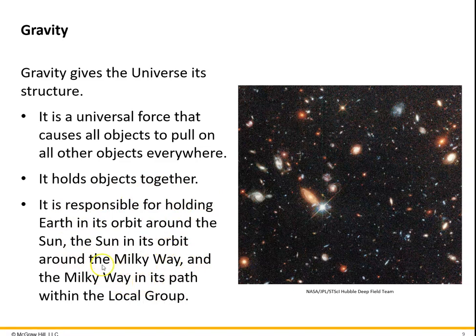Sorry about that. To go all the way around the galaxy. And then our galaxy is part of this thing called the local group, and gravity is dictating the trajectory of our galaxy through the local group. And our local group, it gets more and more complicated, is part of what's called the Virgo supercluster. We're actually part of this giant supercluster, and there are many superclusters out there in the universe.